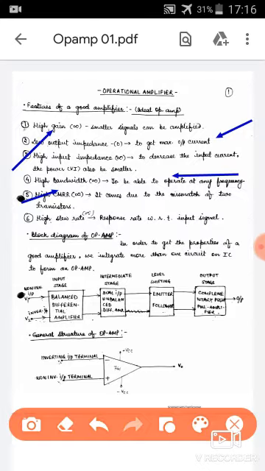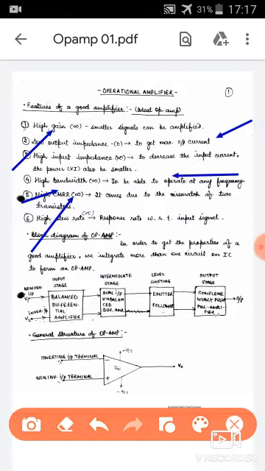Bandwidth means range of frequencies. If the bandwidth is high, then smaller as well as higher frequency signals may be amplified by our operational amplifier. The next characteristic is that CMRR should be high or infinity.